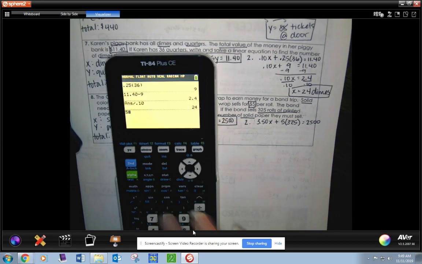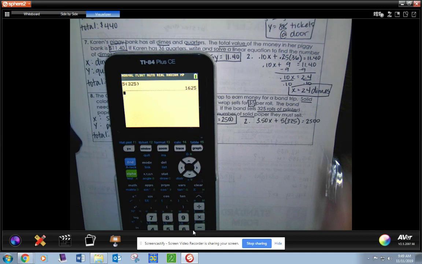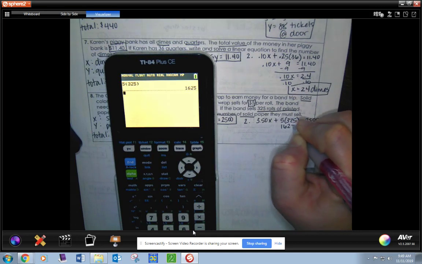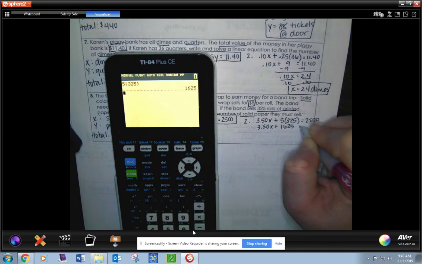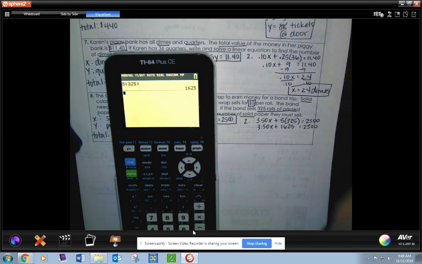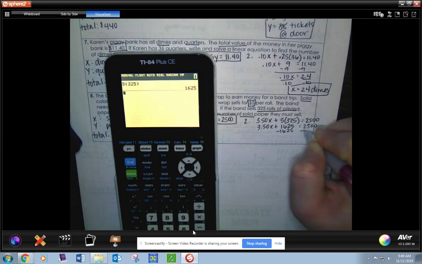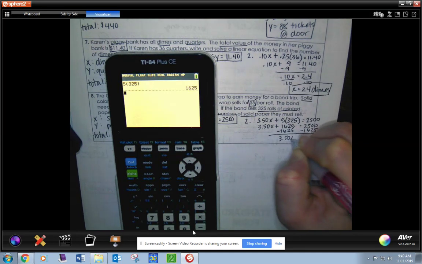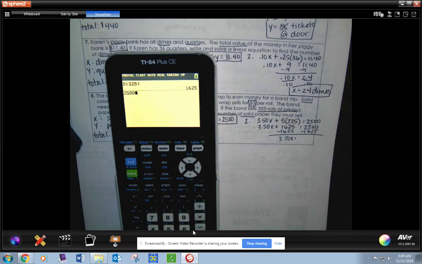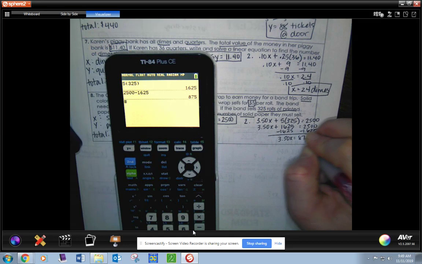Okay, so 5 times, let me clear this out so there's not too much information. 5 times 325 is 1625. I bring down 3.50x plus, I bring down equals 2,500. I'm going to subtract 1625. That gives me 3.50x equals 875.